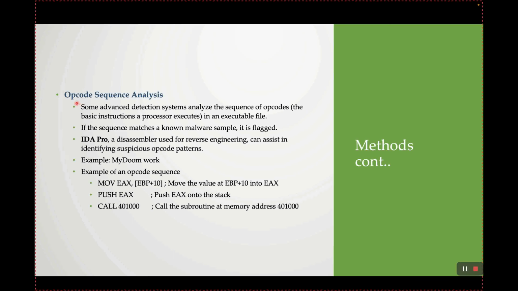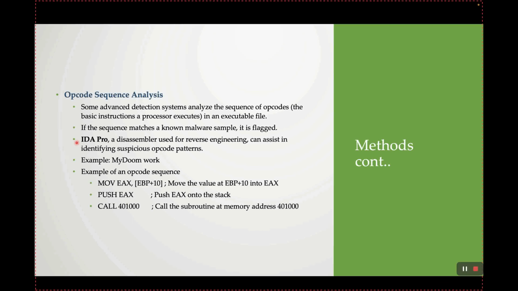Now, we get to opcode sequence analysis. This is an advanced detection technique. It tries to analyze the sequence of opcodes, which are the basic instructions a processor executes in an executable file. If there's a match to a known malware sample, it is flagged.